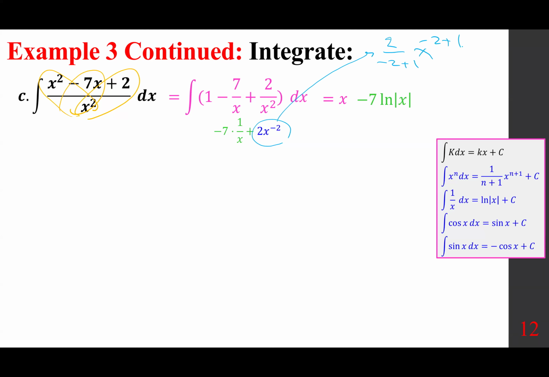That I hope you recognize as 2 over negative 1 or minus 2, x to the power of negative 1, or minus 2 over x, and a constant. Very straightforward, everybody.